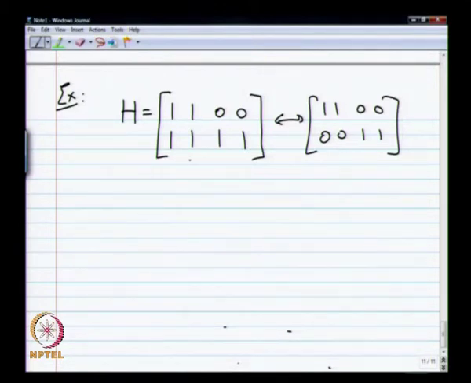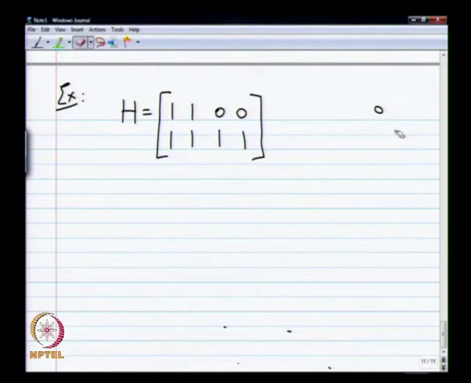Maybe you need more rows, and that's too painful. So maybe I'll erase one column. What will happen if I do this?